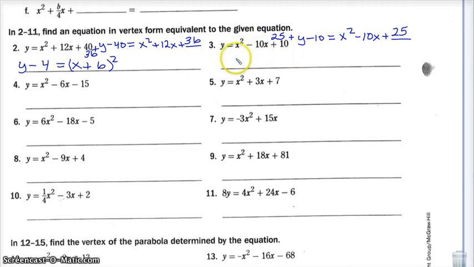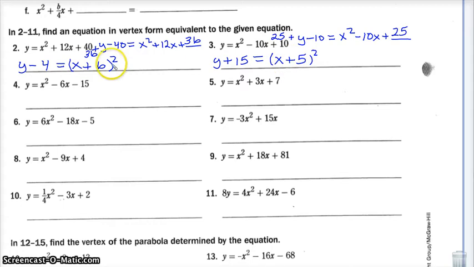I rewrite my equation as y plus 15 equals, and now I'll rewrite this as the square of a binomial, x plus 5 squared. All good? Not quite.